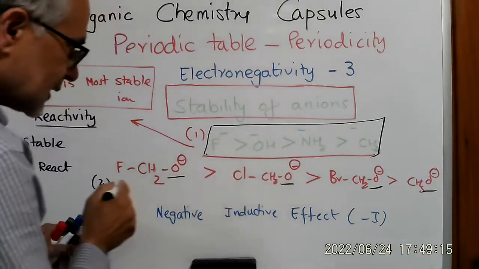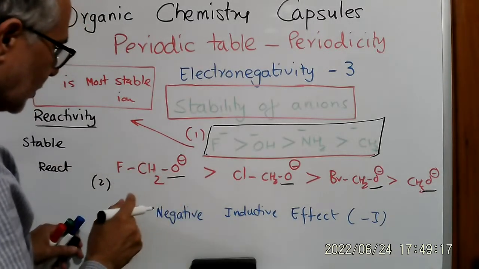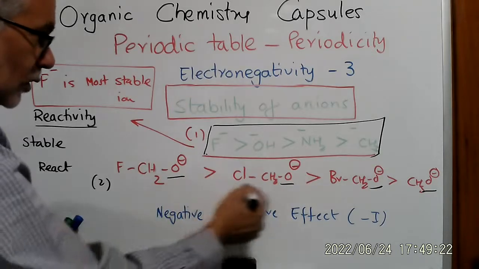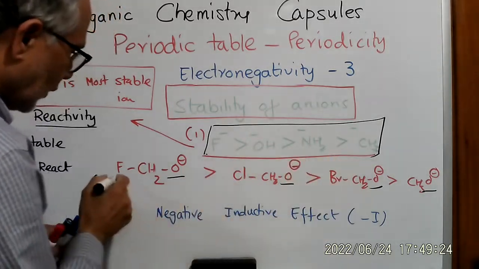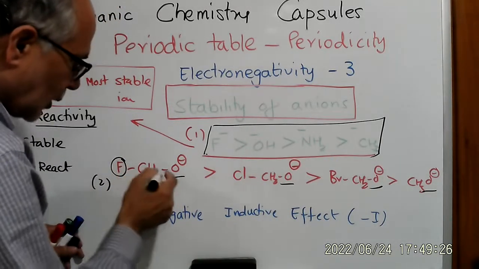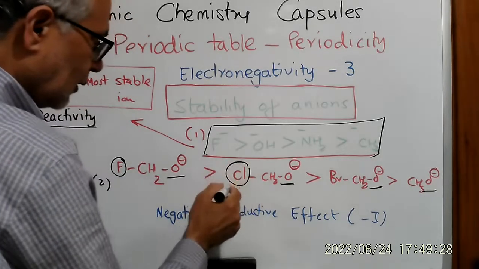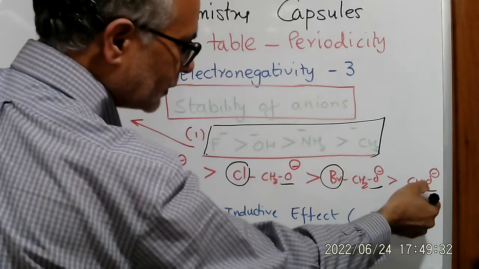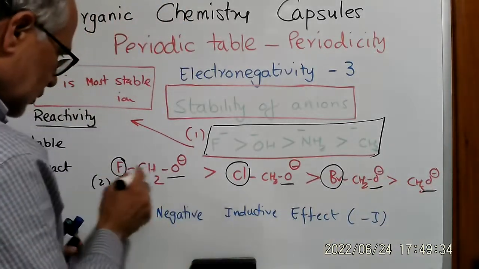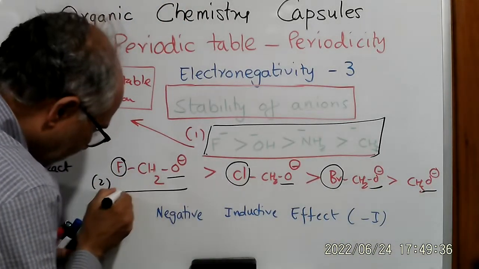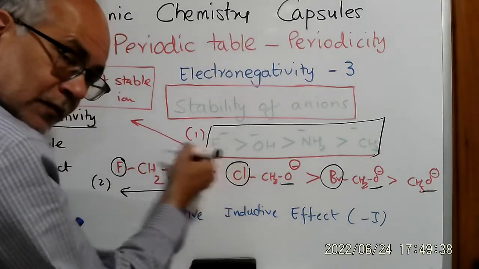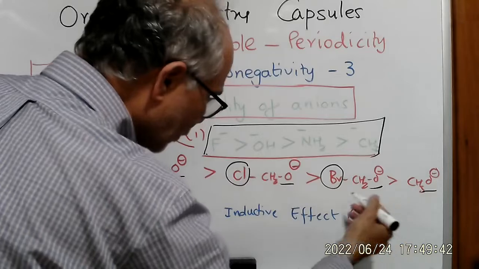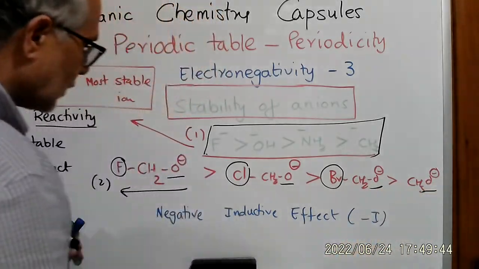But we are still able to predict the stabilities of these four ions in this order, because fluorine here is more electronegative than chlorine, which is more electronegative than bromine, which is more electronegative than the hydrogen there. So fluorine is able to pull the electron density away from the oxygen much more than chlorine, which does more than bromine, which does more than hydrogen.